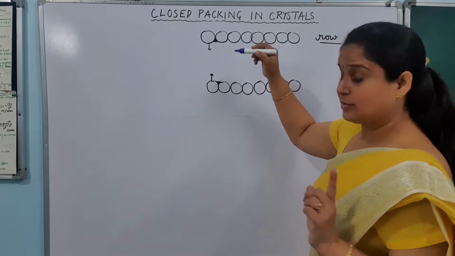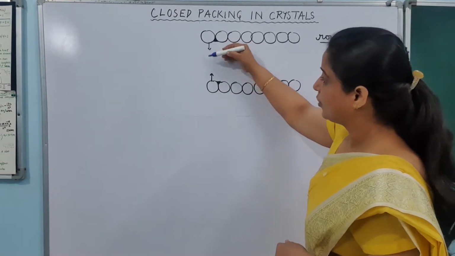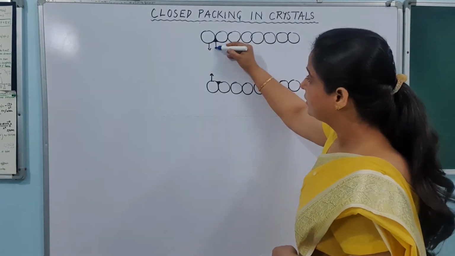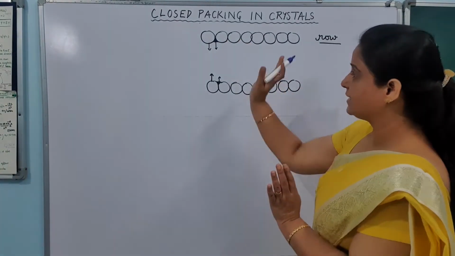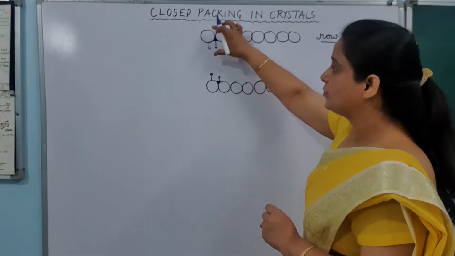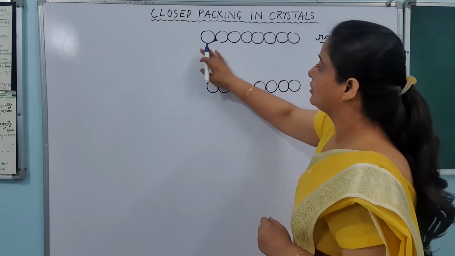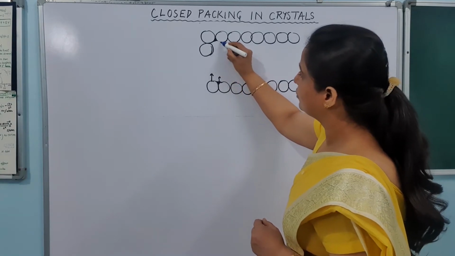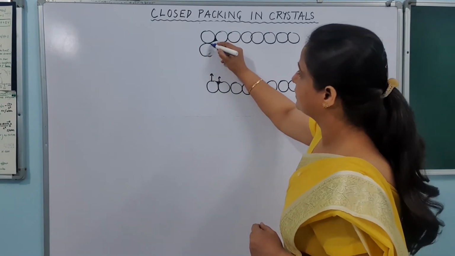So the possibility is that we get ball just above the ball, and groove above the groove. I am setting it in such a way in two dimensions that one ball will lie just after the ball, and one groove will lie just after the groove.